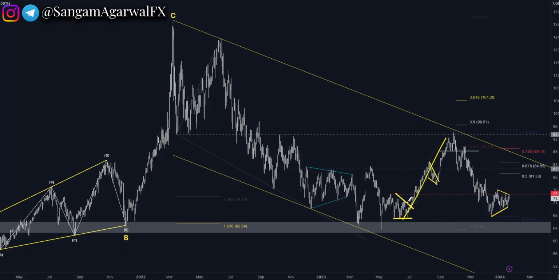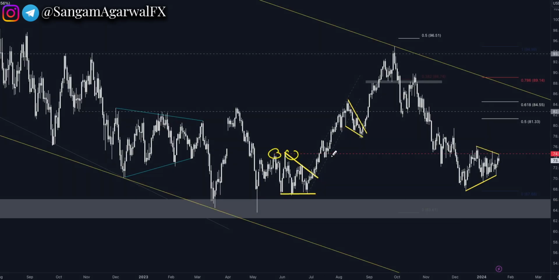Before breaking to upside, last time it made a chart pattern correction, now it is making a chart pattern correction again. If you see this daily chart closely, first of all you have this static 74 horizontal resistance.